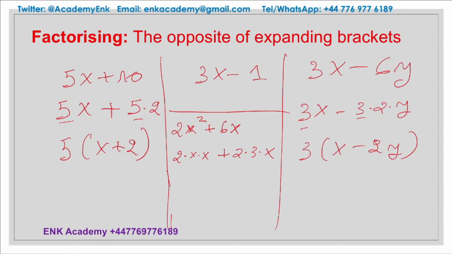We have common factors here and here, therefore we can express this as 2x, and x is left here, 3 is left here, so we have 2x times (x plus 3) as our factorized expression. In the same way, if you want to expand the bracket, then you multiply 2x by x and then 2x by 3 to get the original expression.